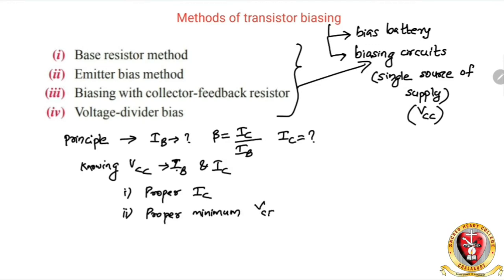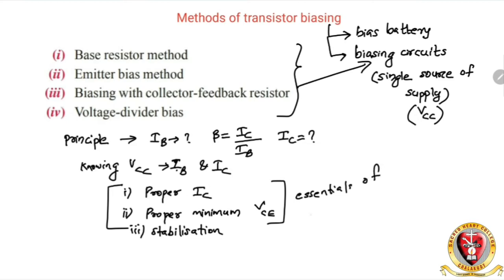The value of VCE should not fall below 0.5 volt for germanium transistors and 1 volt for silicon transistors. Third one is the stabilization. These three points should be kept in mind while designing a biasing circuit. These are the essentials of transistor biasing.